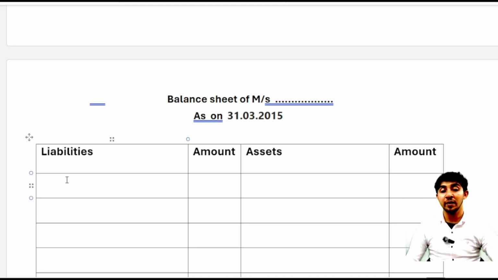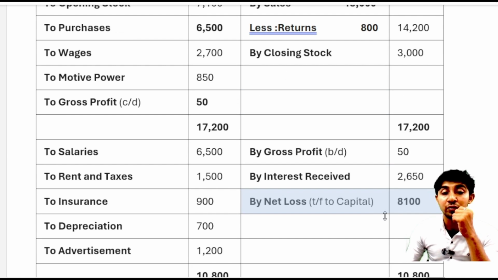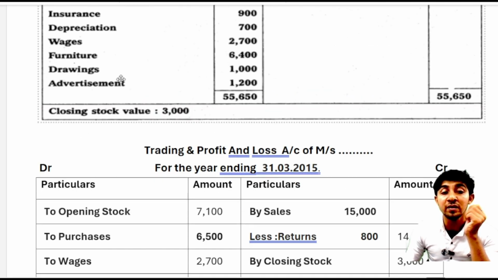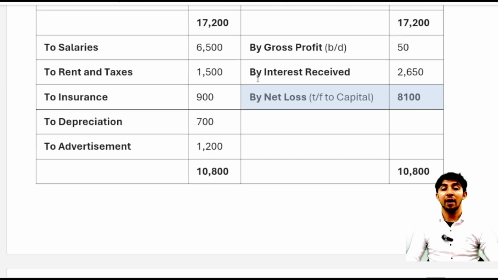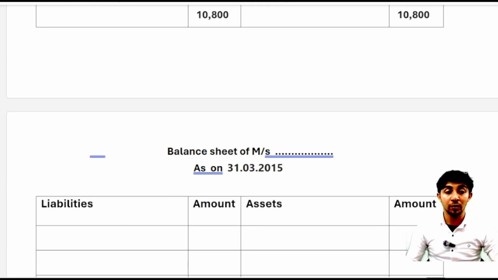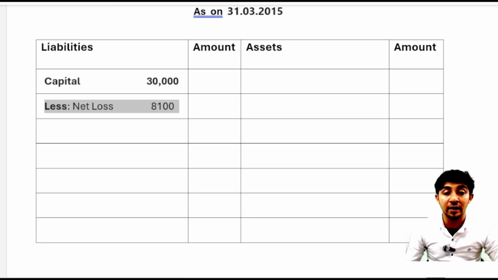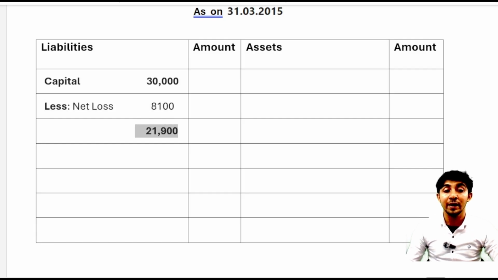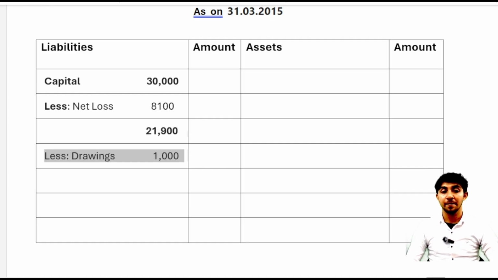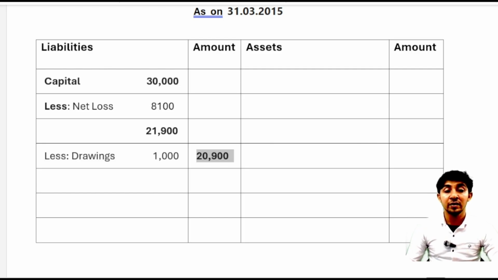Now there are two adjustments on capital. The first adjustment is net loss, which we have to subtract, and the second adjustment is drawings 1,000, which we also have to subtract. So directly we'll move towards the liability side and we'll write the amount of capital in the inner column, that is 30,000, and from this 30,000 we need to subtract net loss, that is 8,100. So what is the actual value left after subtracting net loss? 21,900. And from this 21,900 we need to subtract the value of drawings, that is 1,000. Now when we subtract 1,000 from this, we get the present value of capital, that is 20,900. Now we are done with all the adjustments of capital.